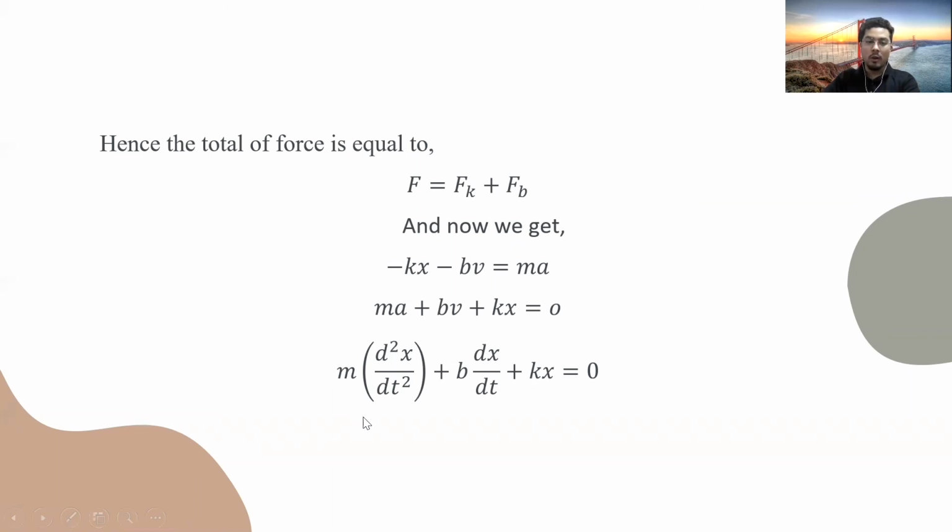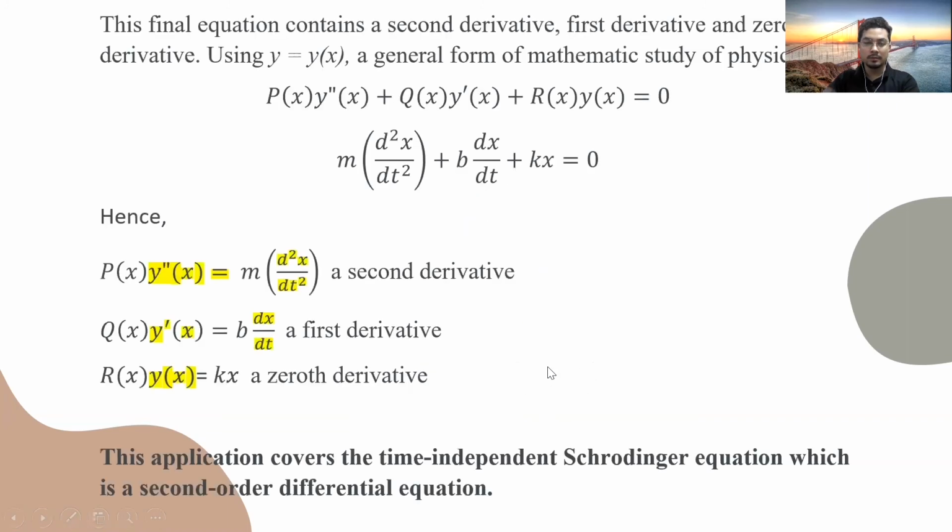So we know that mass times acceleration is the second derivative of displacement, b times velocity is the derivative of displacement over time, and kx, where x is just the displacement.